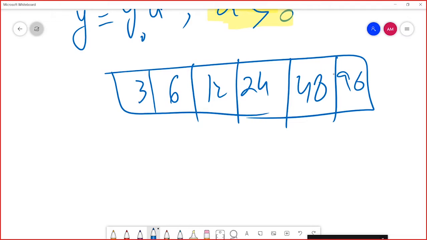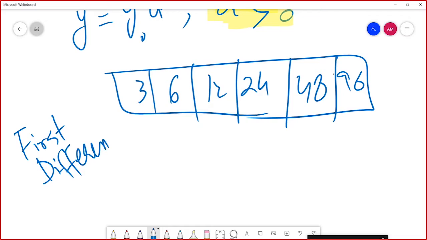If you look at the first difference, what is the difference between 6 and 3? 3. Then 12 and 6: 6. Next, 12. So this difference is not constant. It is non-linear.